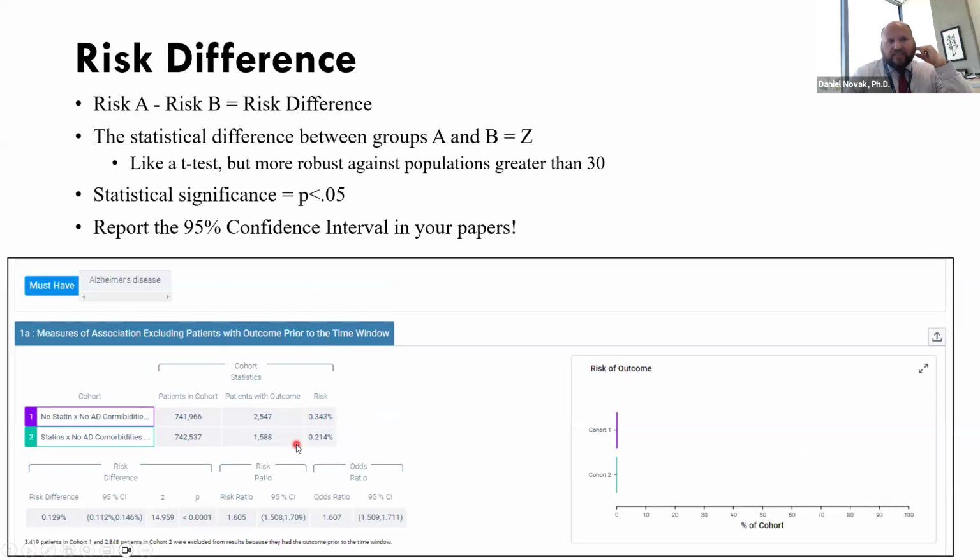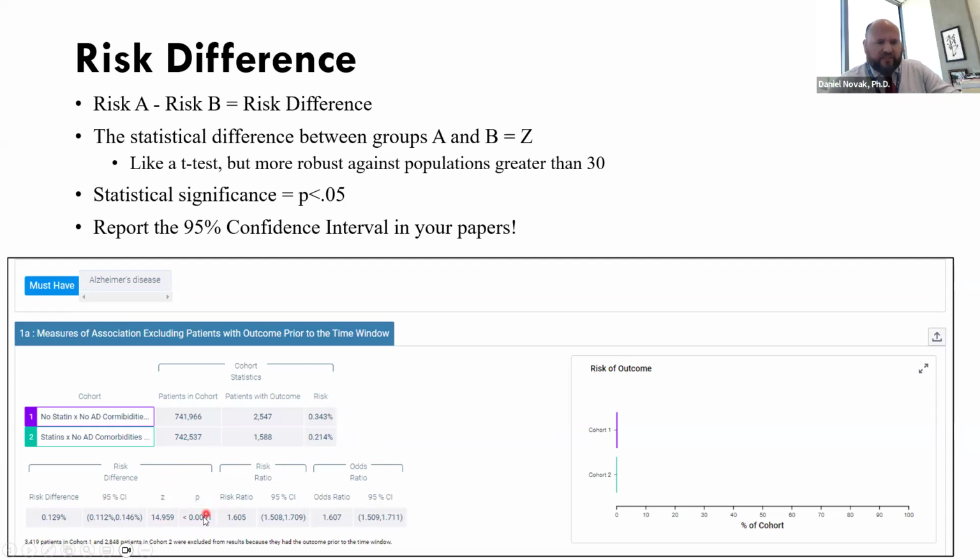Not really rocket science. Again, going back to risk difference, risk of A minus risk of B generates this number down here. And then it gives you a z-test comparing the two. So how different are these two values based on all of the other factors that we're looking at? And that z value here, 14.959, is just like a t-test value, and it produces a p-value that's less than 0.0001.